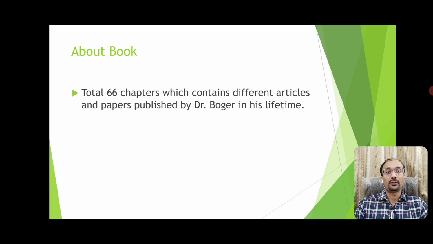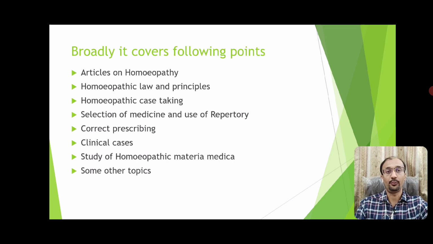About that book, Essentials of Bogart's Principles and Philosophy of Homeopathy, it contains a total of 66 chapters, which is based on different articles and papers published by Dr. Bogart in his lifetime in various conferences and in various colleges and seminars. Now broadly, I am dividing this book into the following main headings.